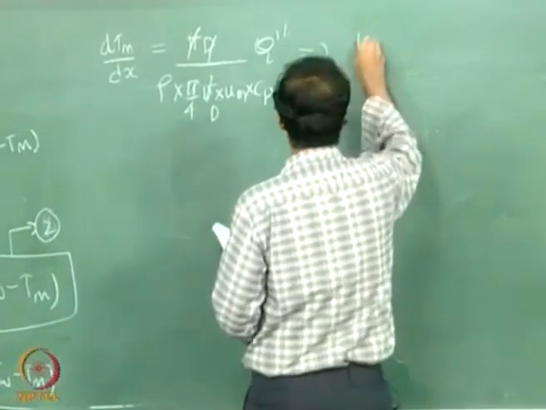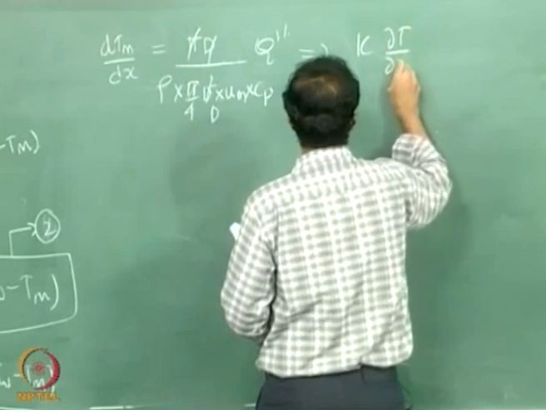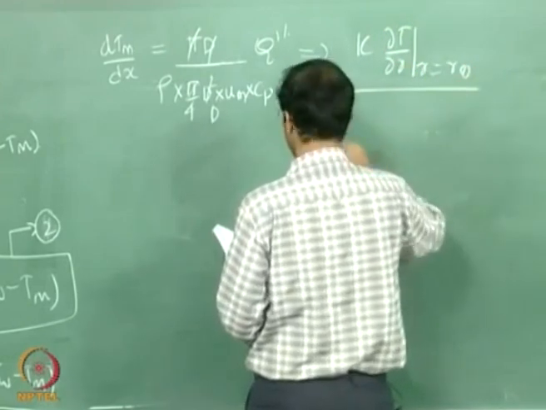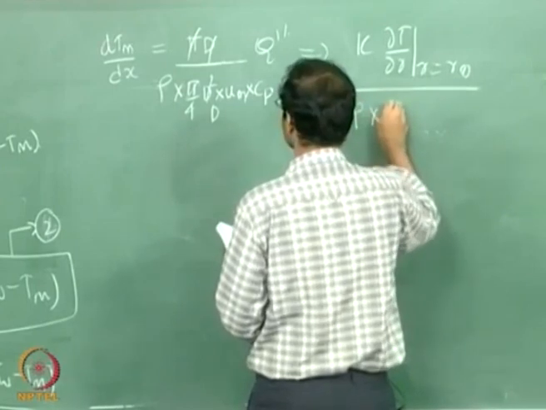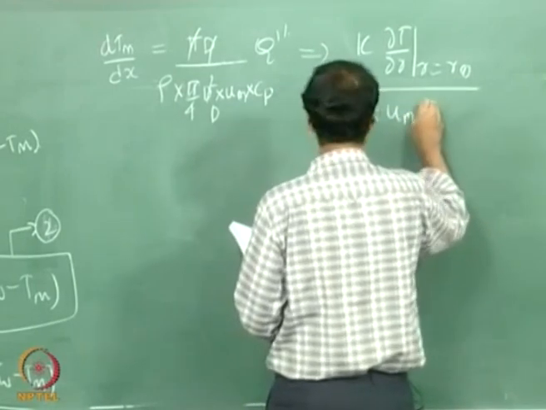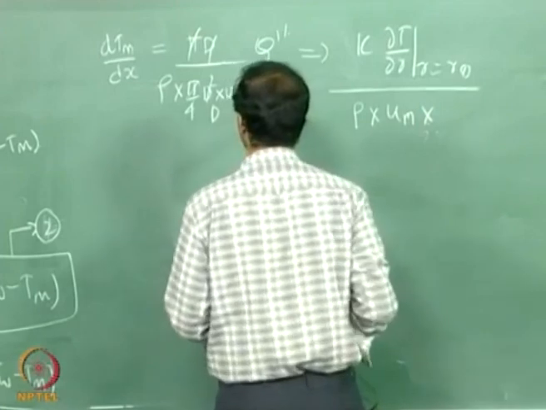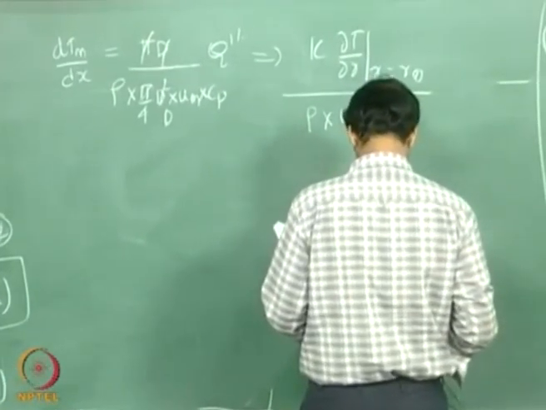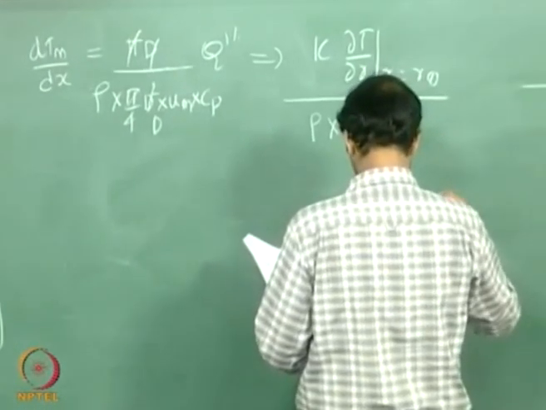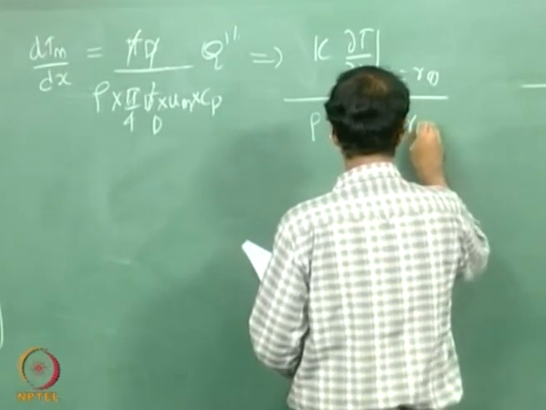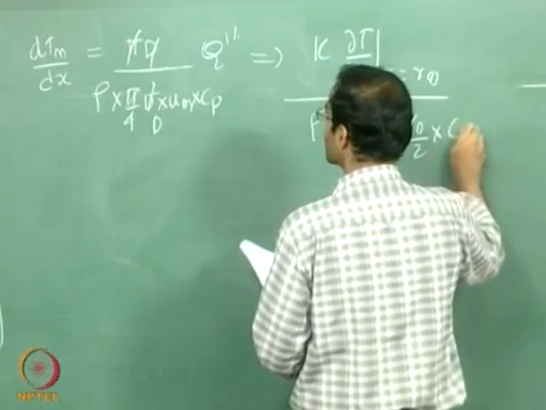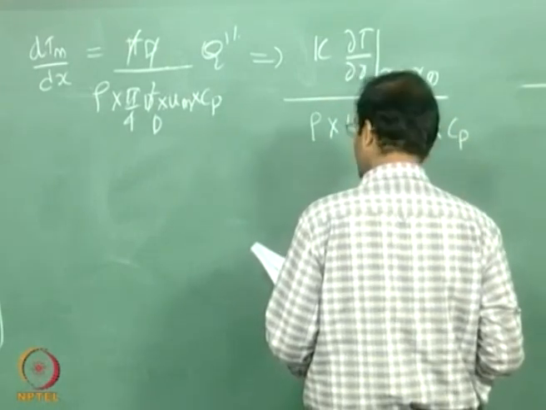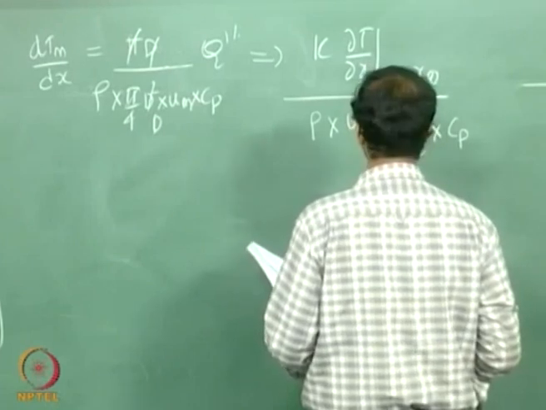your q double prime will be k dT by dr at r equal to r naught. This will be divided by rho into um into d, which will be r naught by 2, and I can write this as r naught by 2 into Cp. So this will be 2 r naught, yes, that is correct.